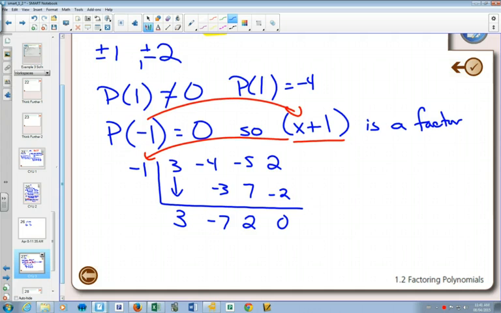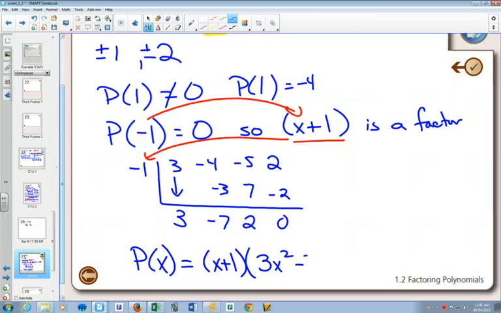Now we can write our division statement, which will start our factoring. P of x, which is our original polynomial, and we labeled it above so I can start with this. P of x is going to equal, well, x plus 1 was our divisor, and our quotient is 3x squared minus 7x plus 2.